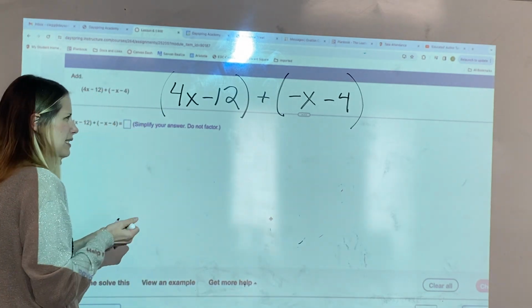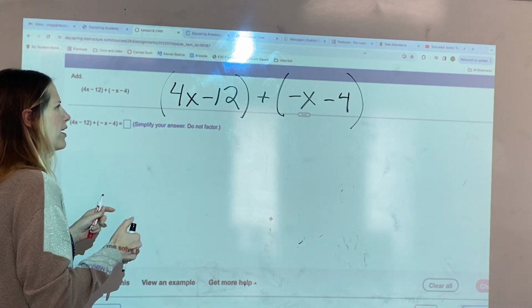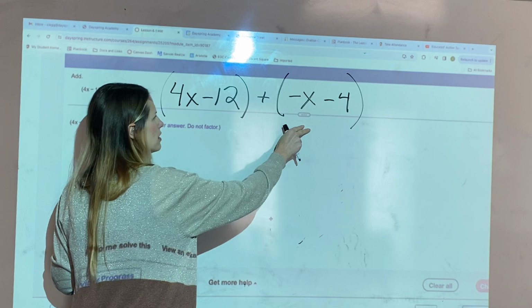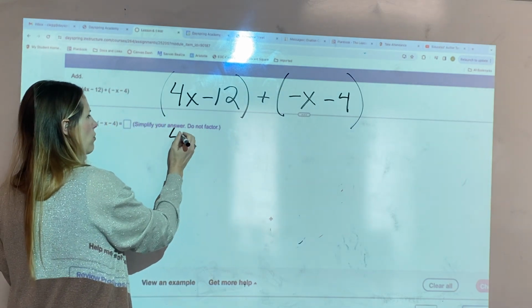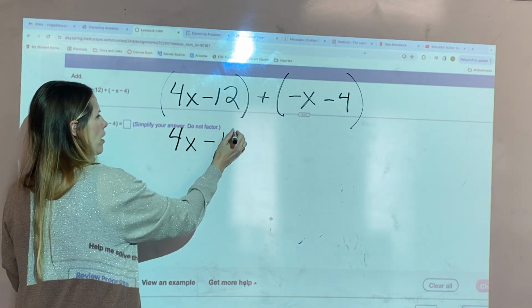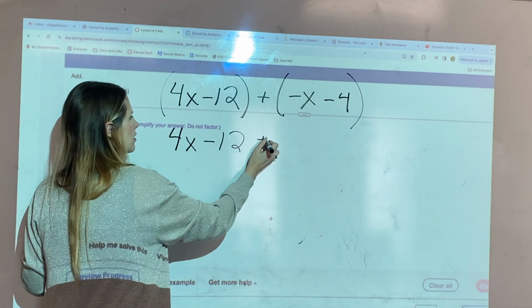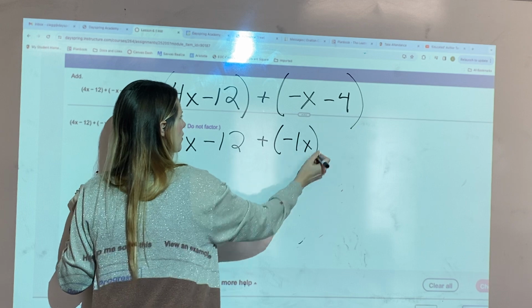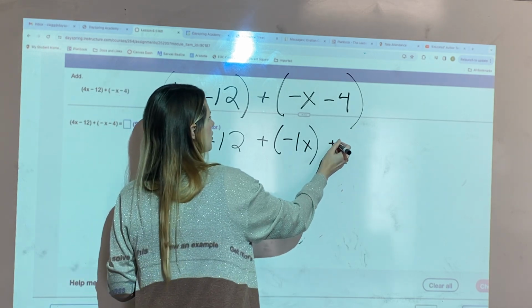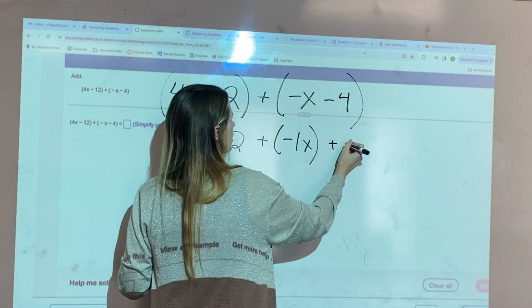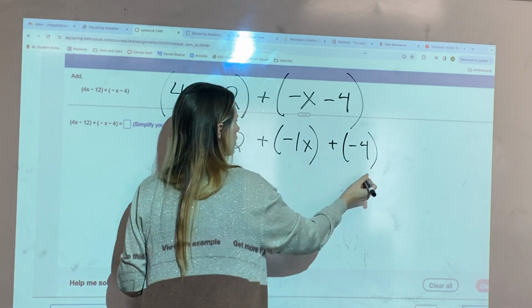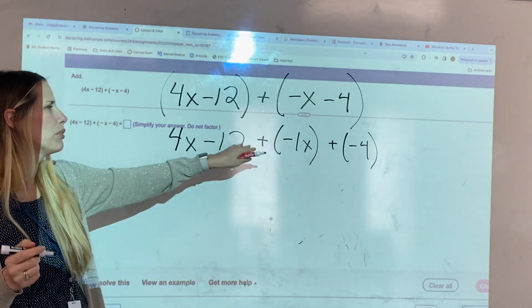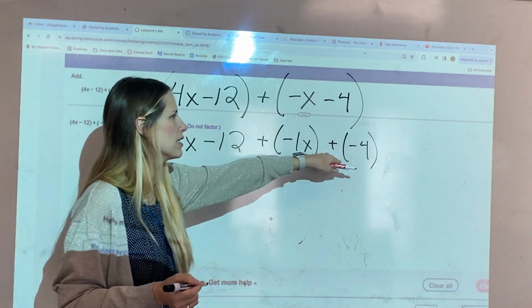What I'm just trying to say is it's actually really simple. When you have addition in between your polynomials, you simply rewrite it 4x minus 12 plus your -1x plus your -4. You technically don't have to write plus this negative and plus this negative.